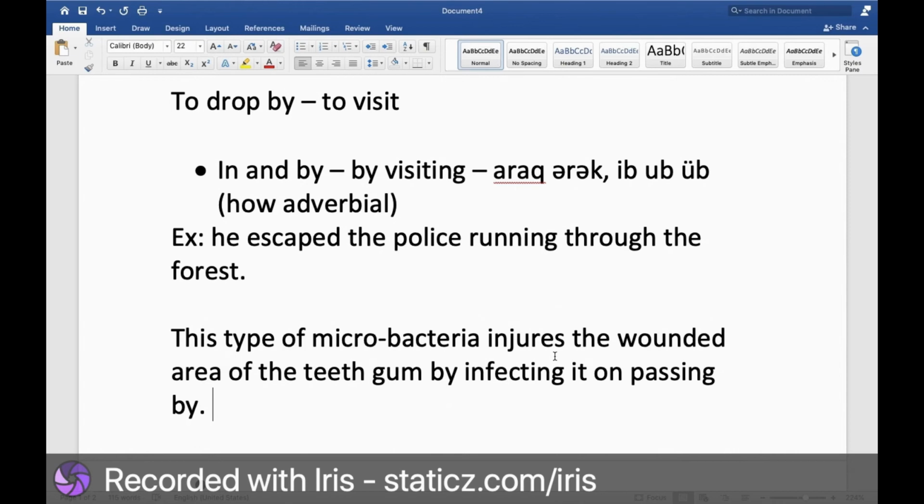By infecting it. So when you translate a sentence, we will talk about this later on, but I will tell you now: try to find the verbs first. We have the first verb, injures, wounded, second verb, infecting, by infecting is the third word, on passing is the fourth verb, right?